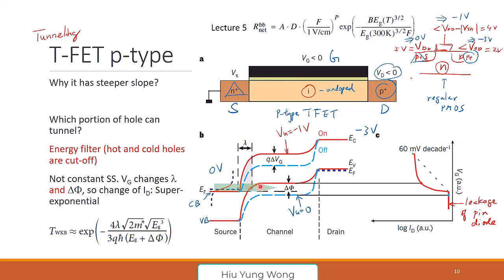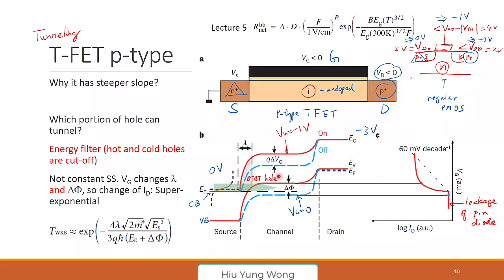Yes. What do you call this type of, so to be more specific, right? Not Fermi level, but from the conduction band of the source to the valence band of the channel. Right. What do you call this type of tunneling? Band-to-band tunneling. Thank you very much. This is the band-to-band tunneling of hole.